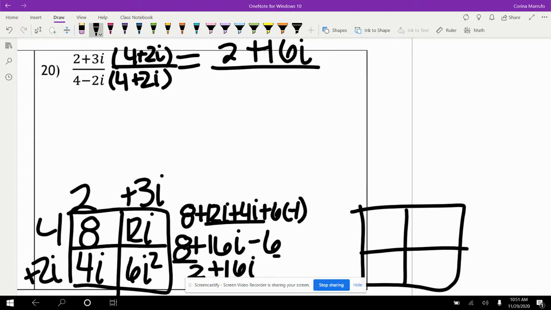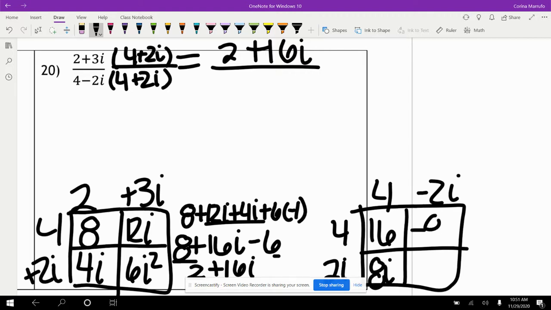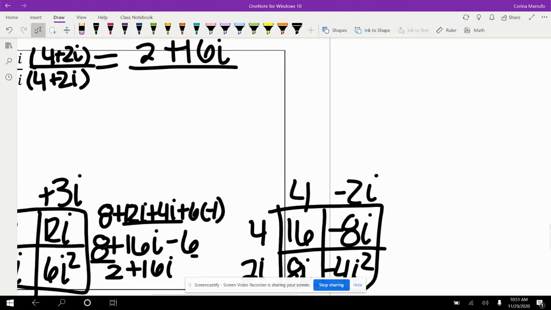Now we're going to multiply what's on the bottom. So we have our conjugates: 4 minus 2i and 4 plus 2i. So 4 times 4 is 16. 4 times 2 is 8i. Negative 2 times 4 is negative 8i. Negative 2 times positive 2 gives us a negative 4i squared. So I'm going to write it all out.